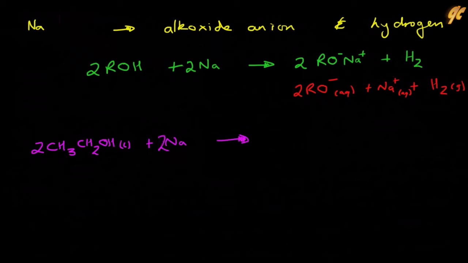We go to make our alkoxide and hydrogen. Our alkoxide is called sodium ethoxide.